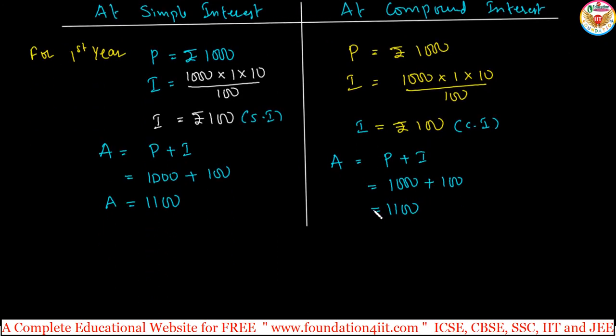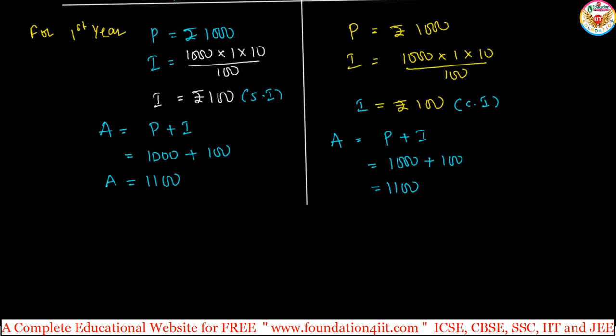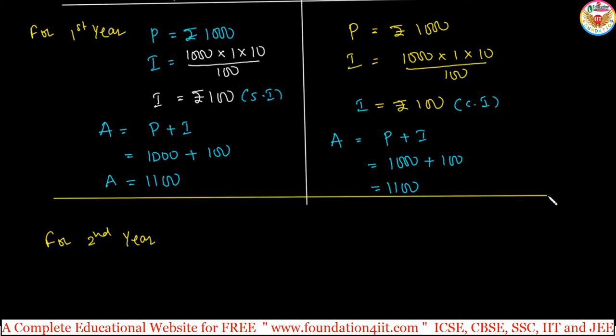Now let's take the second year. For the second year, in simple interest, it will remain the same. So the P value will be the same here for the second year also. P is equal to rupees 1000.